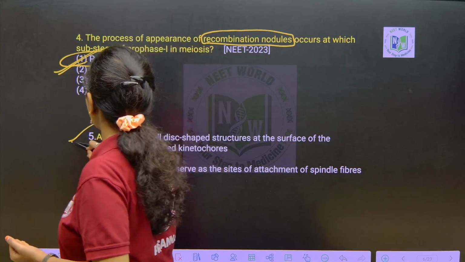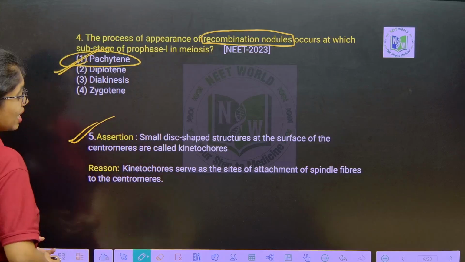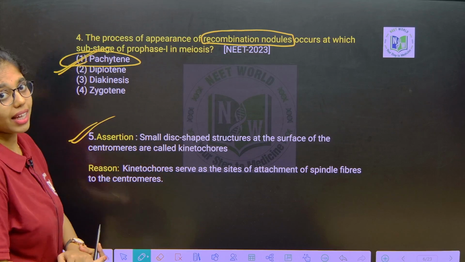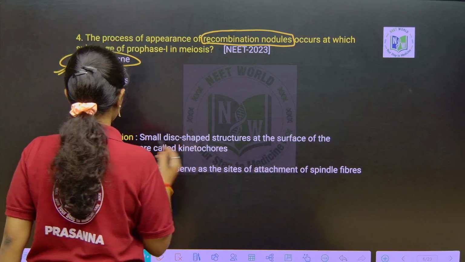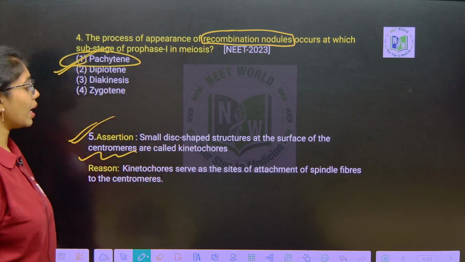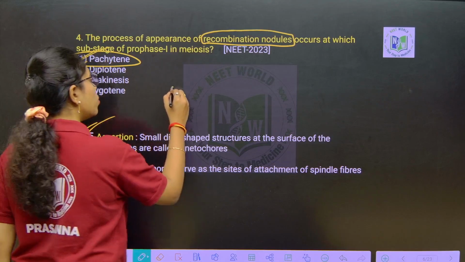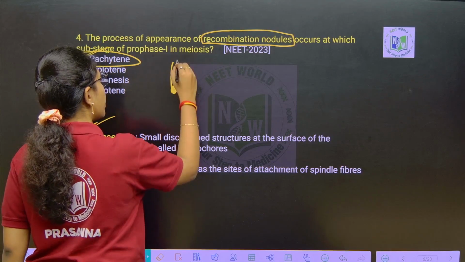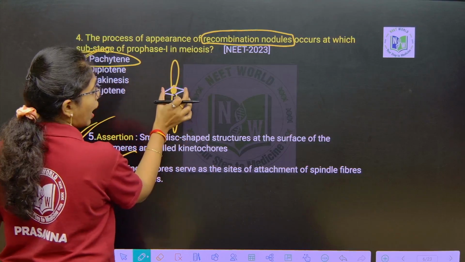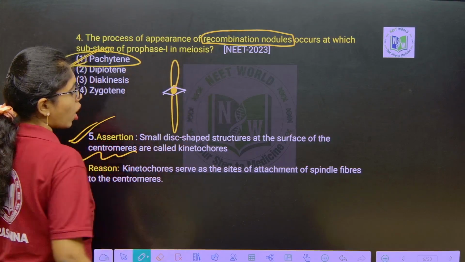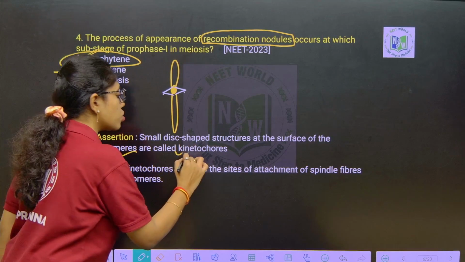And here is an assertion reason type of question. In the assertion they are clearly stating that small disc shaped structures at the surface of the centromere are called kinetochores. Through the centromere, which is the primary constriction, small disc shaped structures at the sides of the centromere are kinetochores.